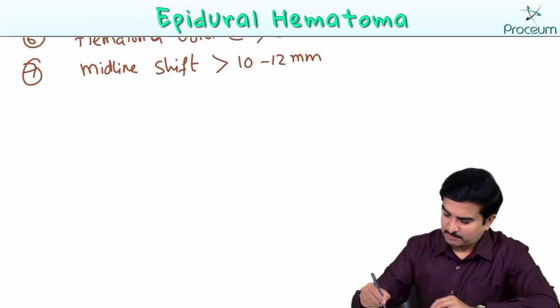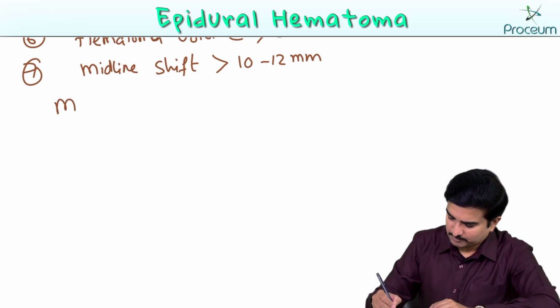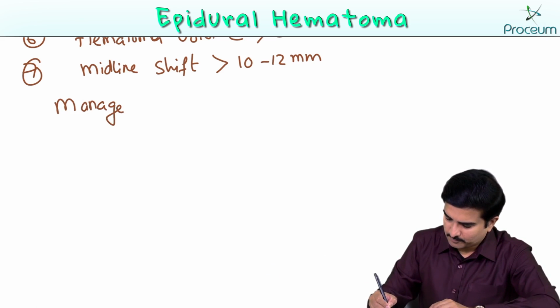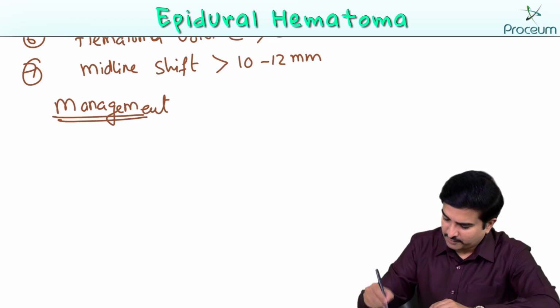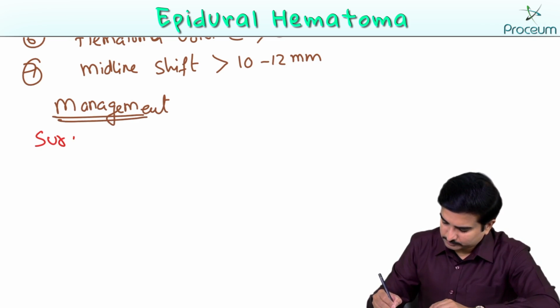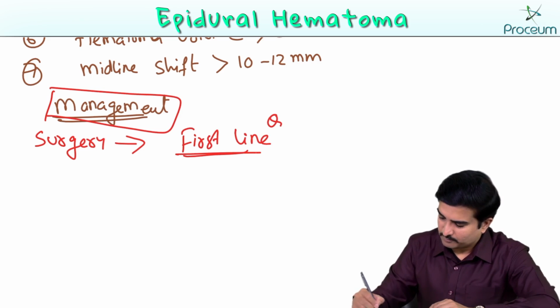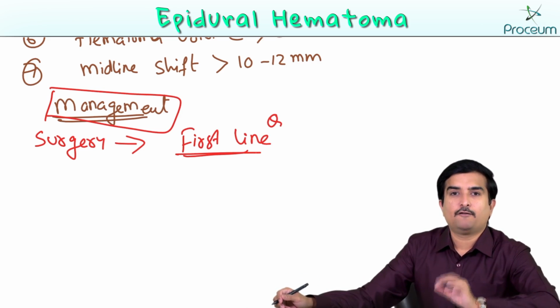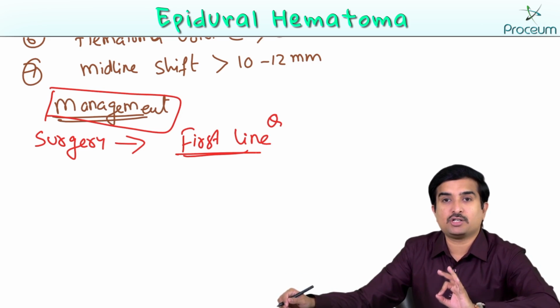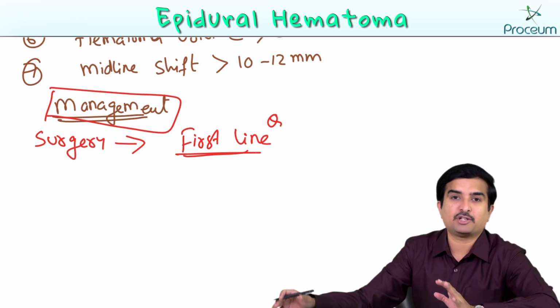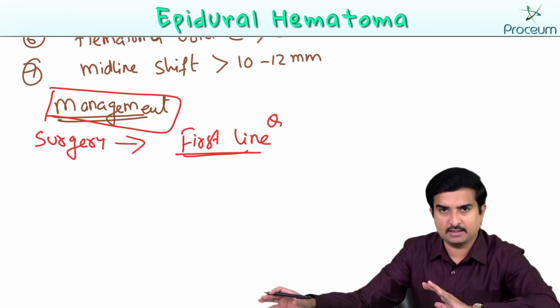In the management part, let's concentrate on what the first line is: surgery. Very important point. First line is surgery, that is urgent craniotomy and hematoma evacuation should be done.